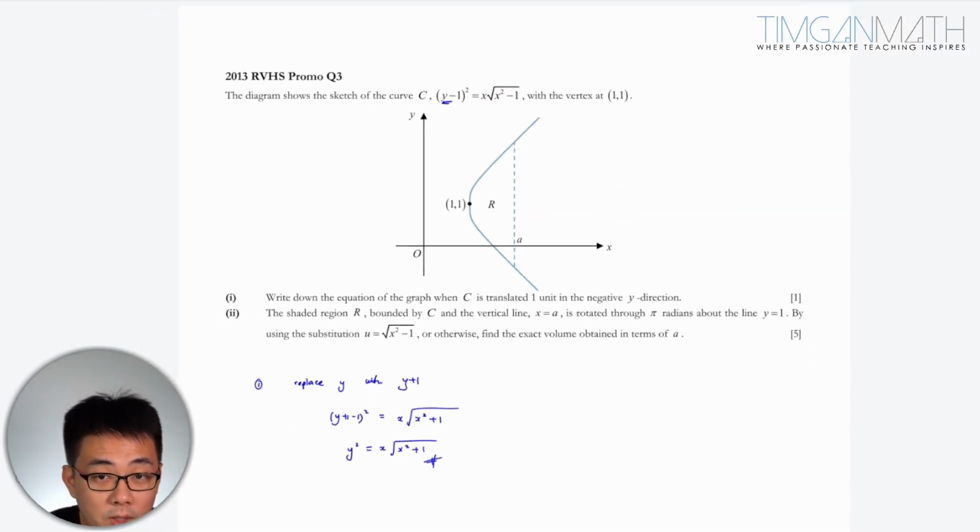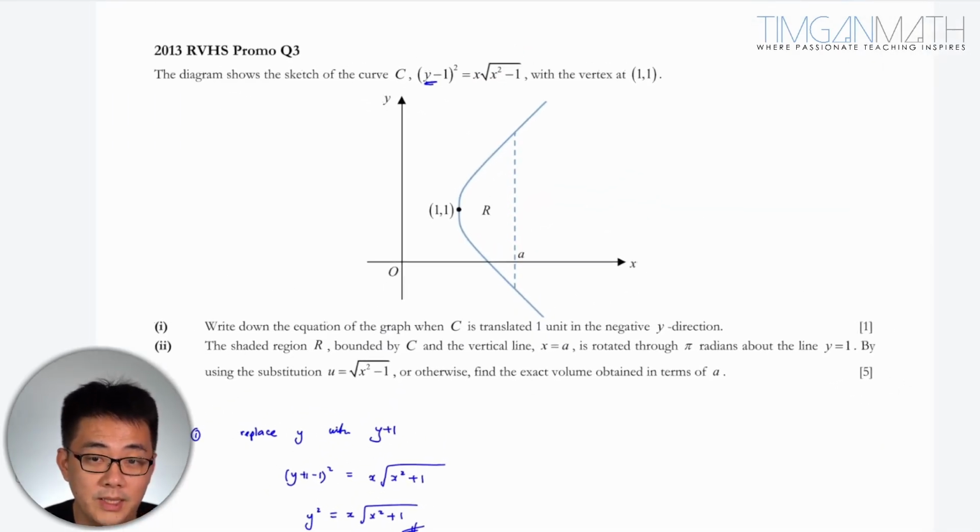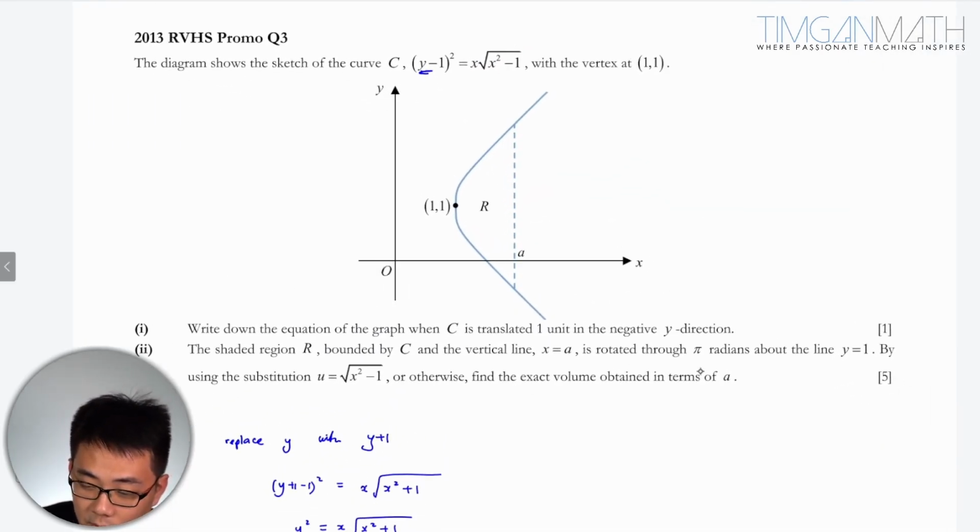Let's look at part 2. The shaded region R bounded by C and the vertical line x equals a is rotated through pi radians about y equals 1.